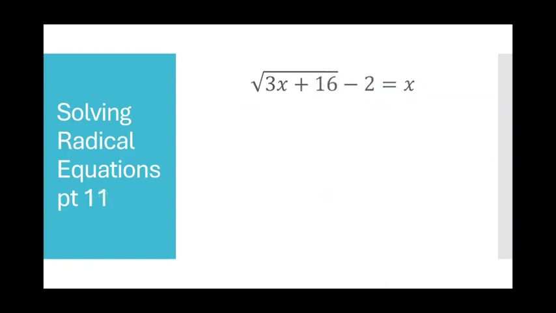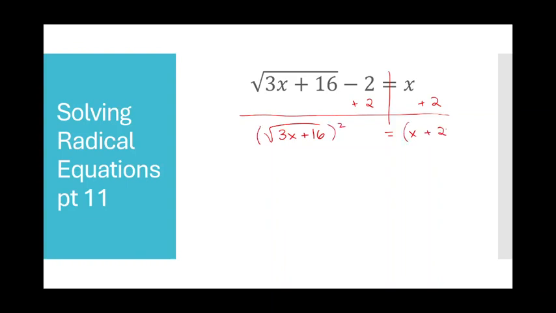Okay, same idea here. Use caution. We're going to move this plus 2 away from the radical term so that we can square this side of the equation without getting a bunch of extra radical terms. But when we square the right side, we have to FOIL.